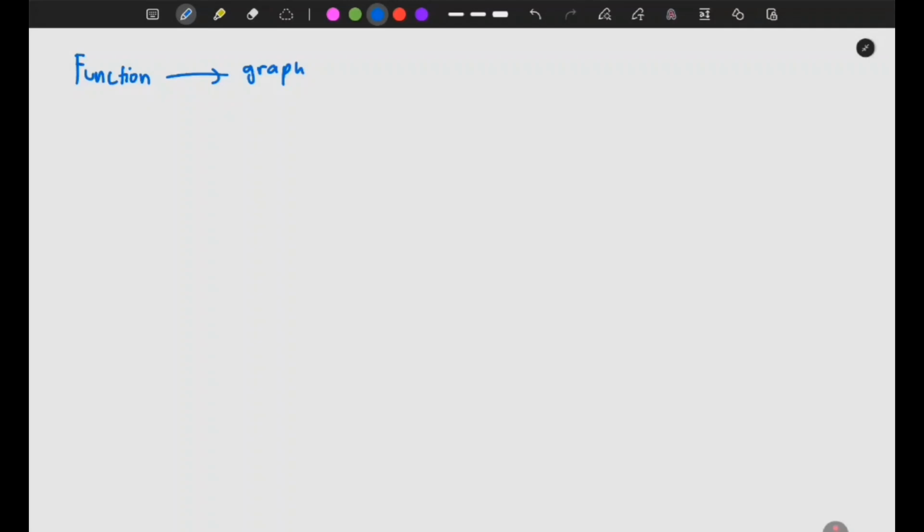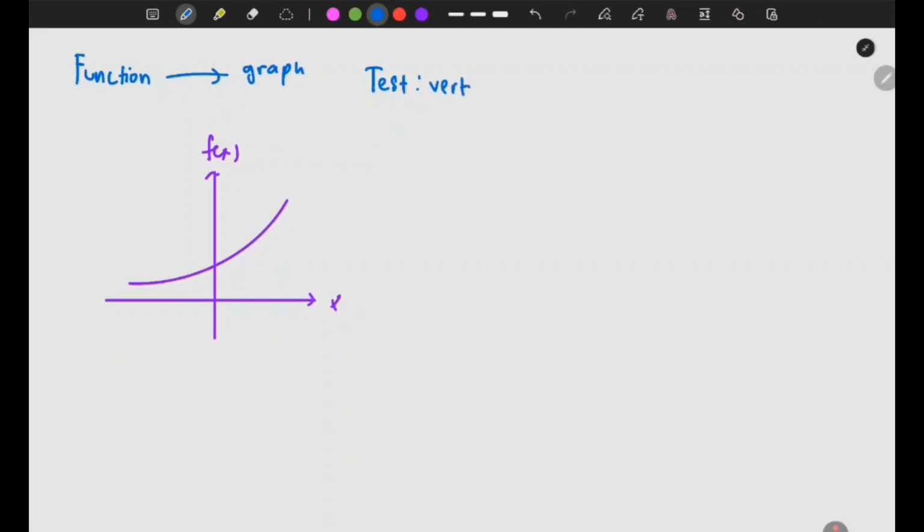So when they give a function in a graph, how do you identify? Here's a method. Let's just say I have a graph with x and f(x), going like this. You have to do a test to identify. The test is called the vertical line test.